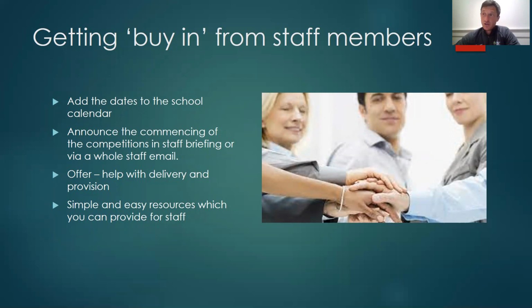So reach out to them, give them that help and support, so that it makes those first steps a little bit easier, because once they do it that first time, the second, third and fourth time all become much, much more simple. And again, it becomes part of the fabric of what you do on a half-termly or termly basis.